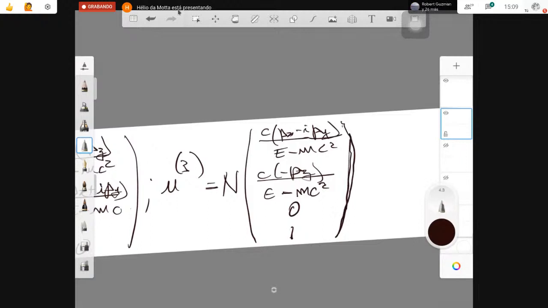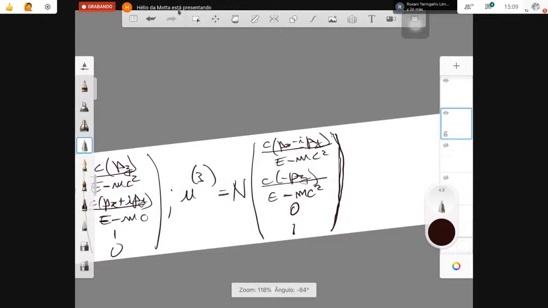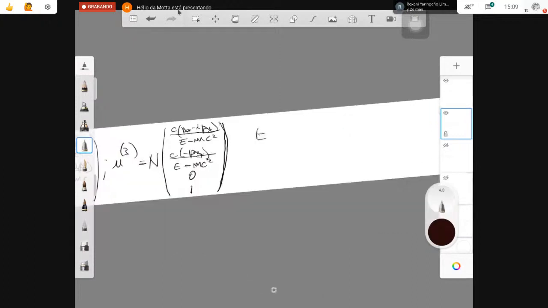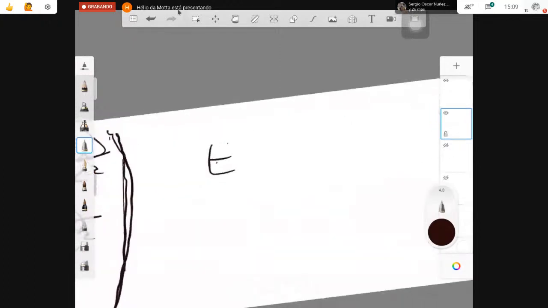Now E remains E equal to plus or minus, depending on the situation.